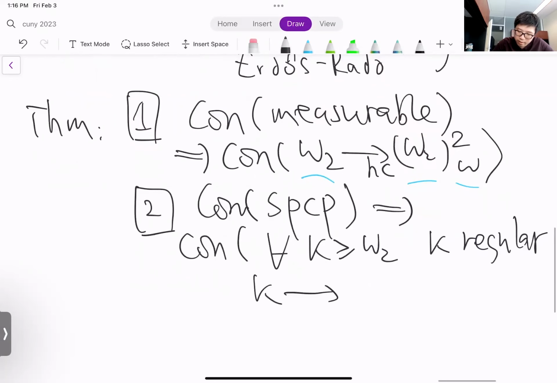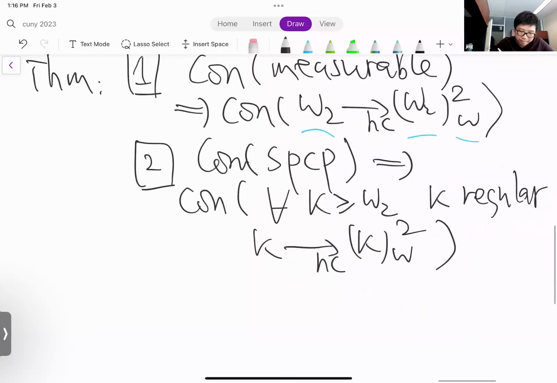you have this. So of course, in this very strong model, you will have everything: omega 2, Aleph omega plus 1. But let me just say something about the use of the hypothesis here. Oh, maybe let me finish.